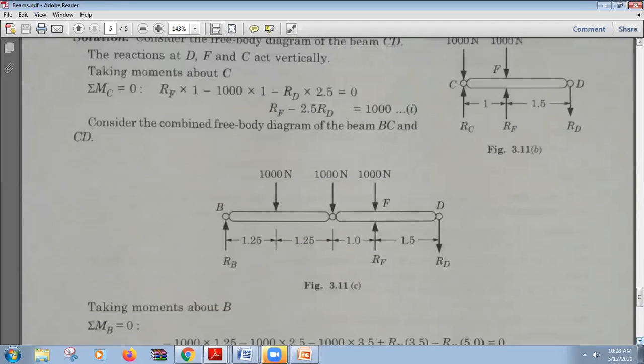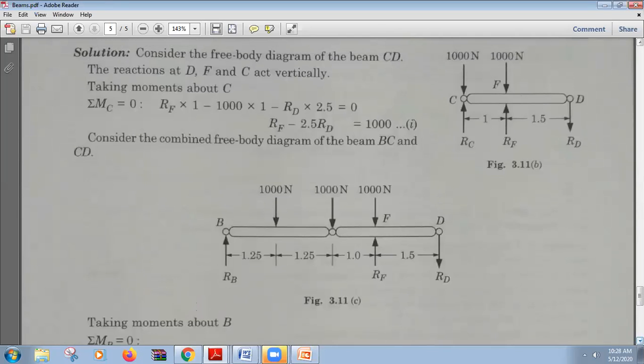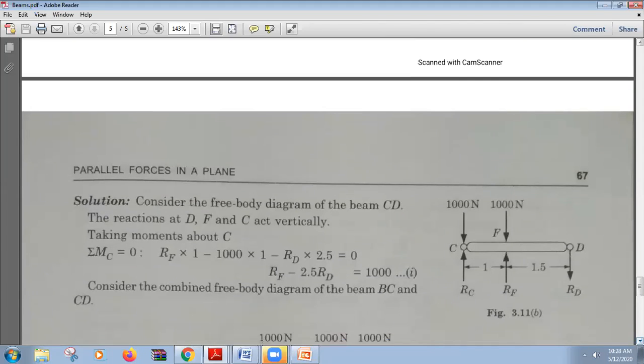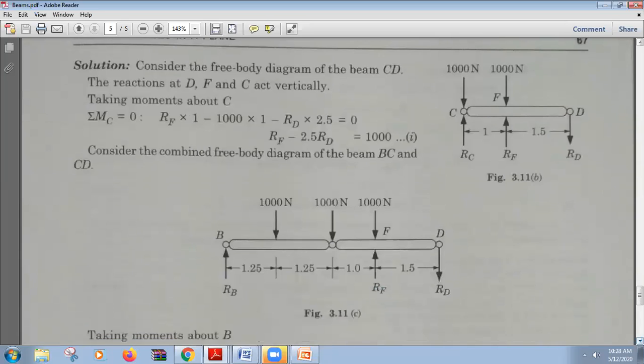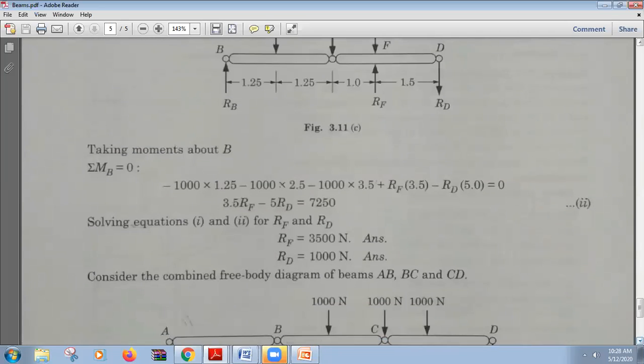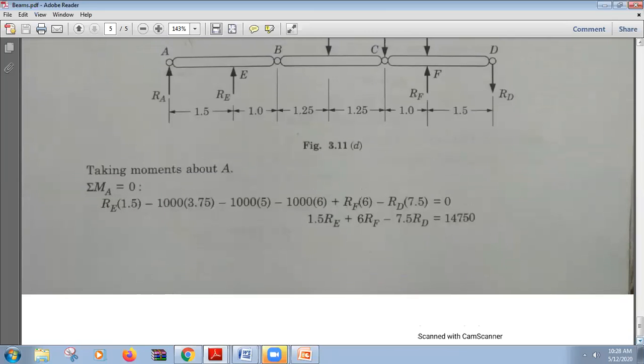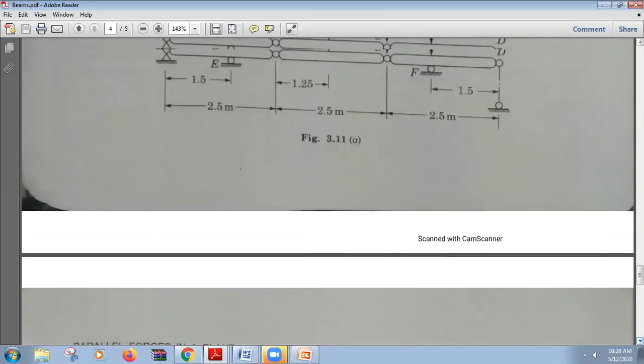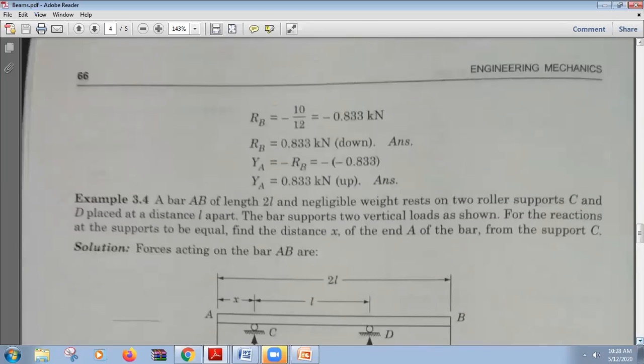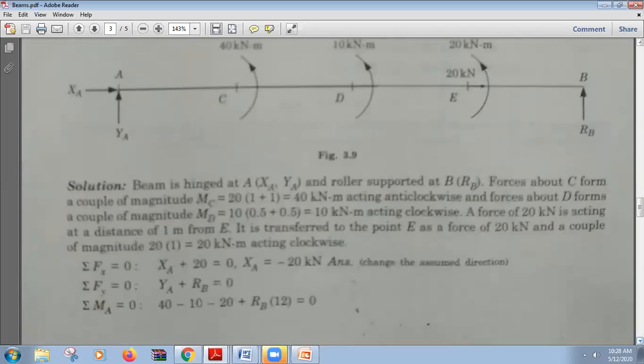Again we have different types of loadings under different conditions of loading. So these are supports. So you can solve all these problems. These are three very easy problems, so that you get the basic idea of the support.